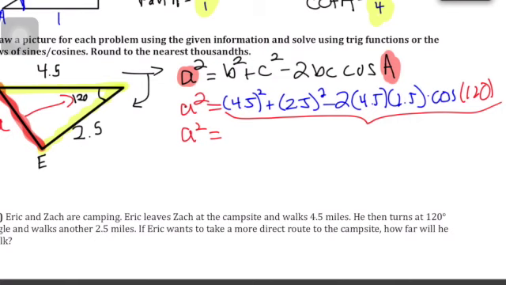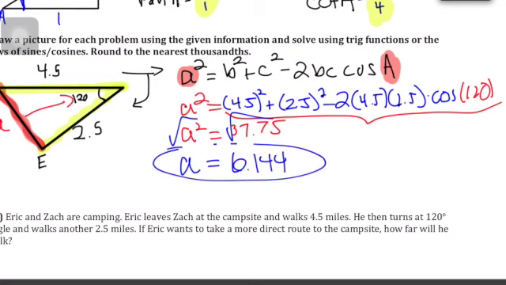And we get 37.75. Go ahead and square root each side. So now I end up with A equals the square root of 37.75. And I got 6.144.